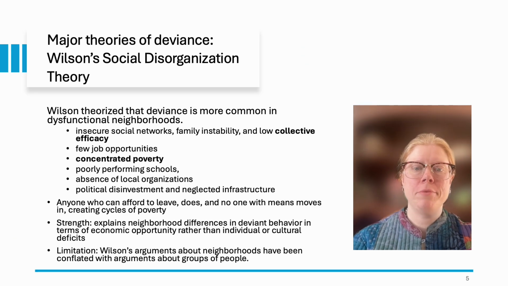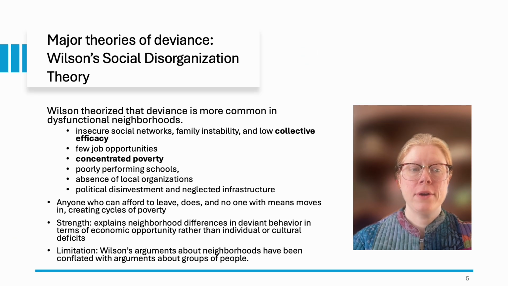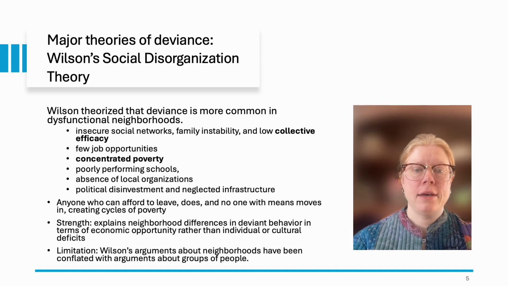A good follow-up to Merton's strain theory is William Julius Wilson's theory of social disorganization. So Wilson was writing in a time when there was a discourse about crime in the inner city and crime in urban, predominantly minority neighborhoods.